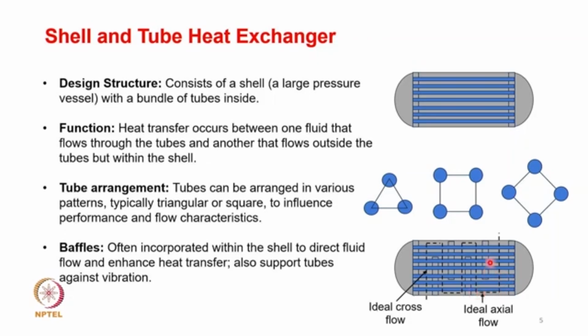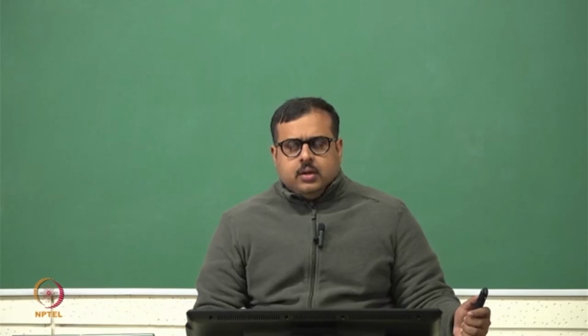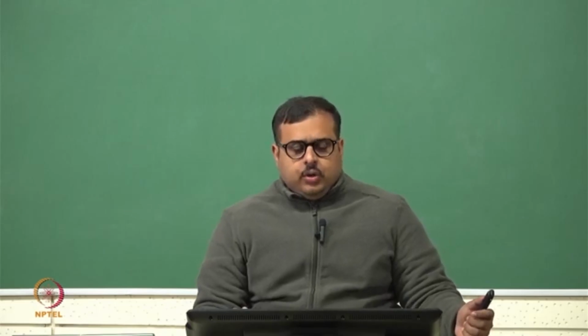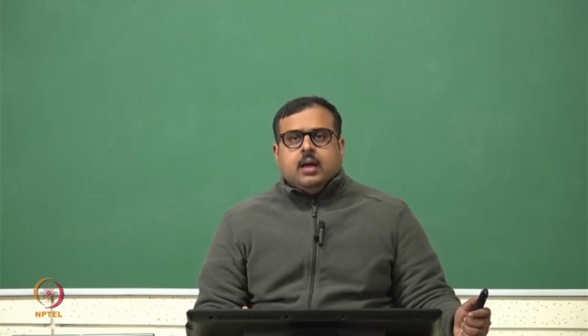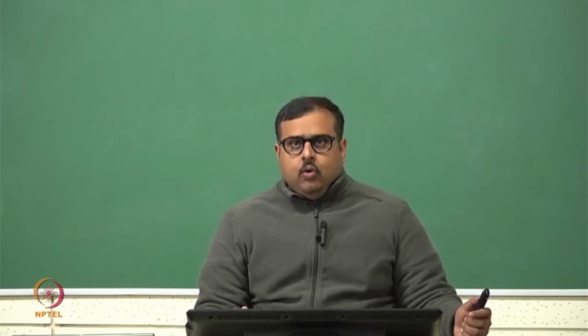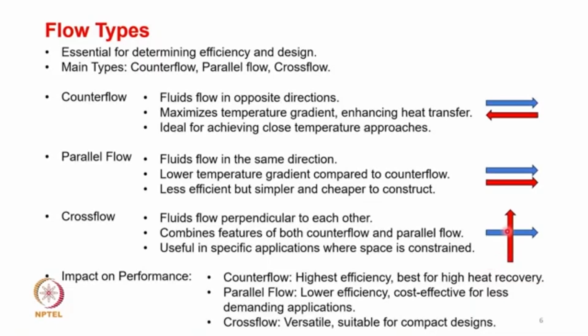So these are the two flows that result when you install a baffle in a shell and tube heat exchanger. Let's move on. Just to jog your memory, let's recall some of the typical flows that are used in heat exchanger design. You can see the schematic here.